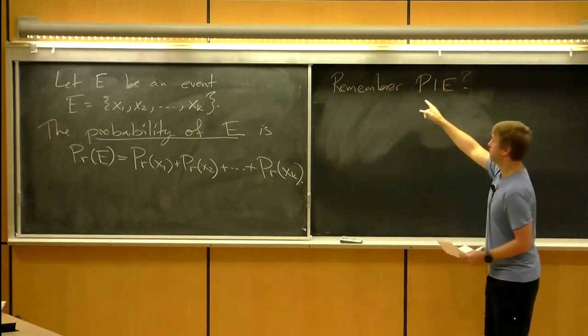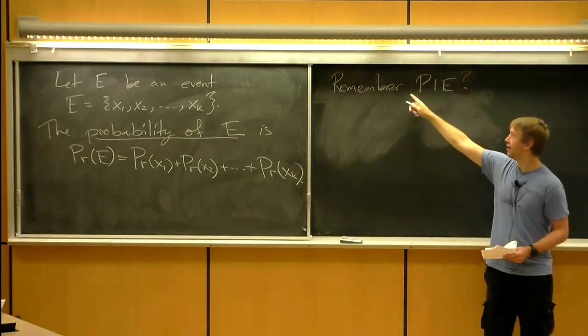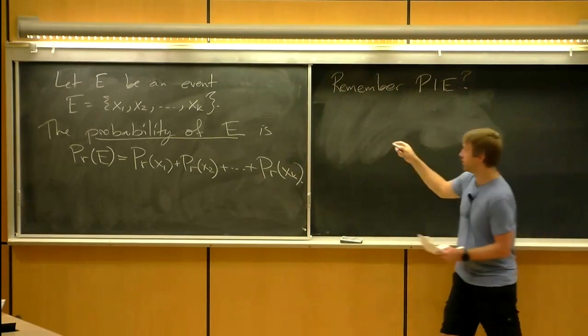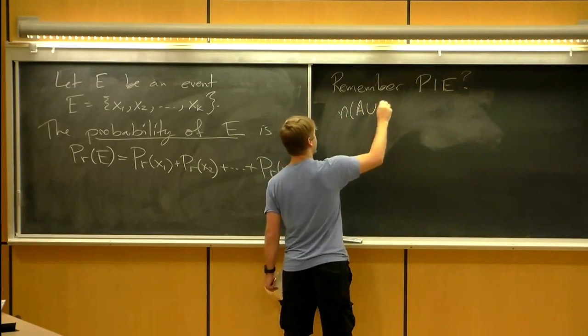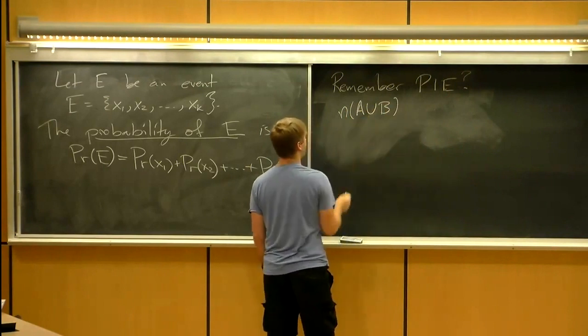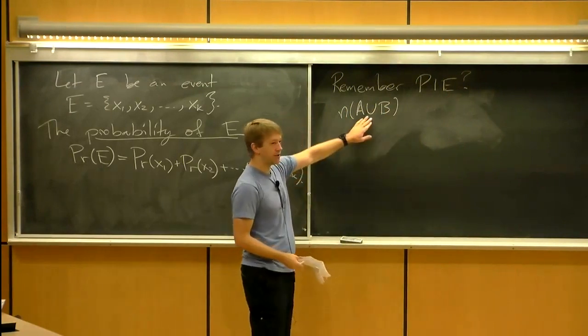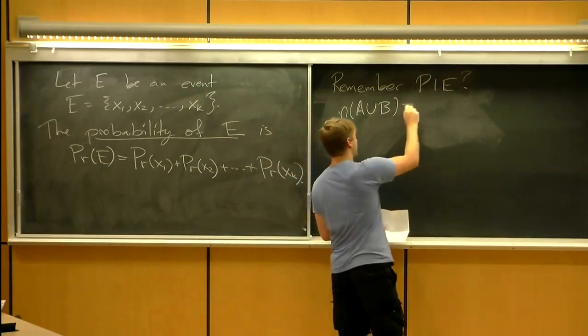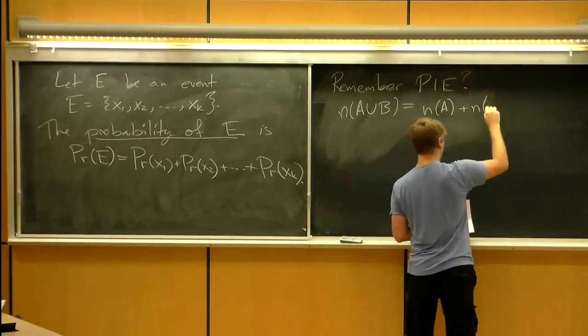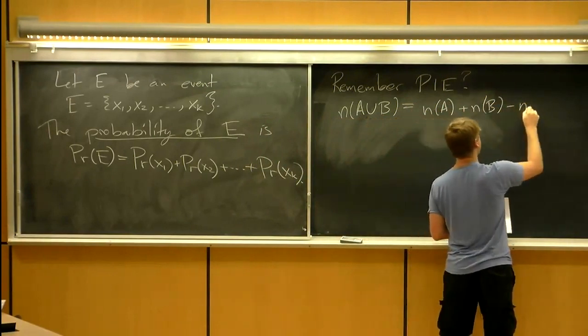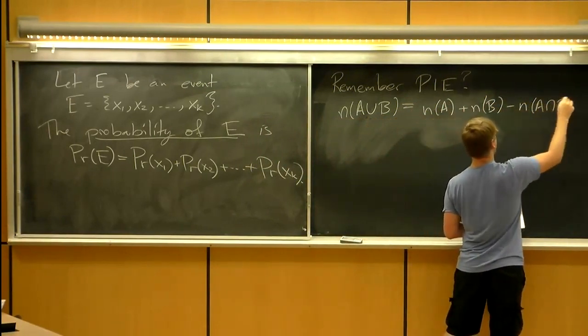PIE means principle of inclusion-exclusion. That was about the size of two sets: the number of elements in A union B was equal to the number of elements of A plus the number of elements of B minus the number of elements in the intersection.